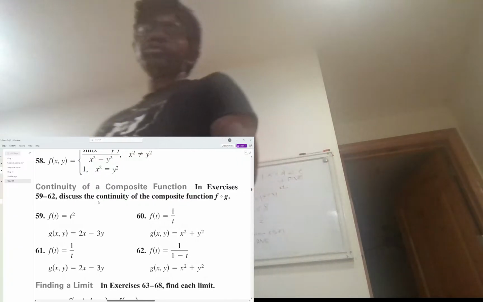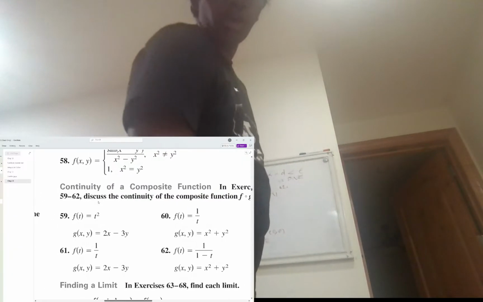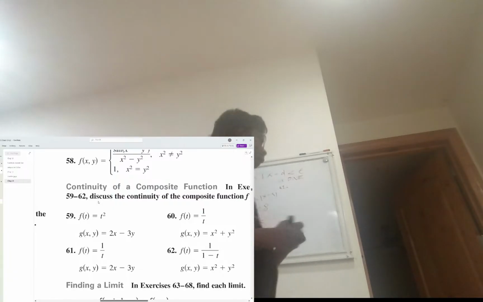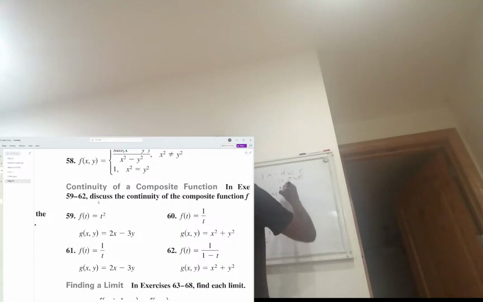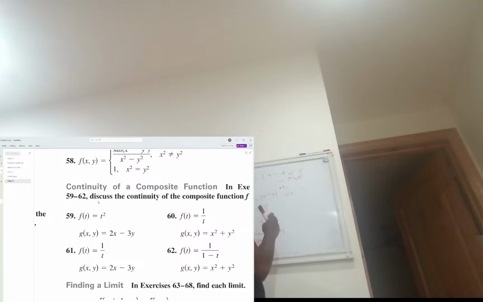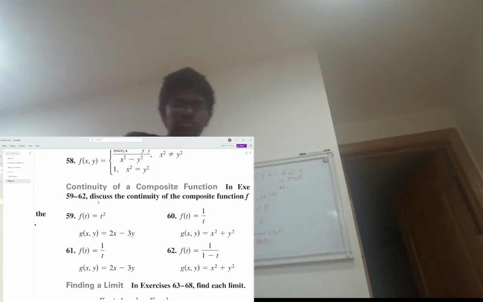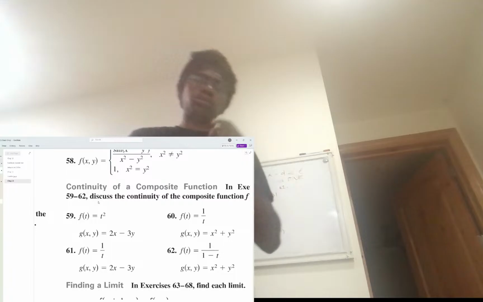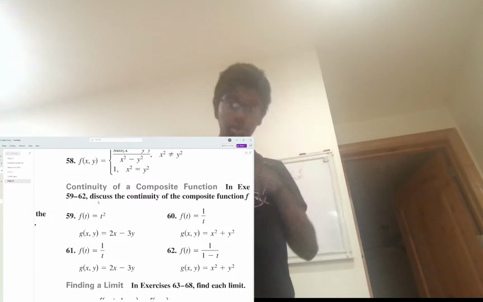Let's discuss the continuity of the composite function, f of g. Well, g is going to be always continuous, right? So let me do f of g of x. Wait, how do you composite functions in multi? Oh, okay. Yeah, I think you can.